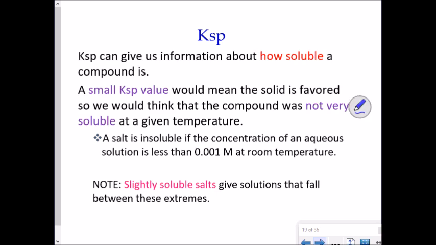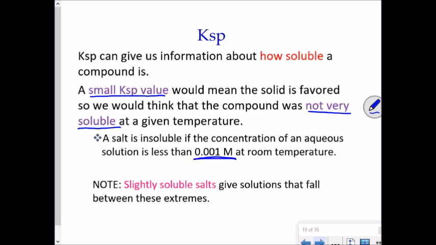On the other side of things, a small Ksp value is going to tell you it's not soluble. Not very soluble here, and that has a degree. So anything on the insoluble side of the solubility rules, your carbonates, your phosphates, the sulfides, like silver chloride, remember the silver and lead examples that are exceptions.